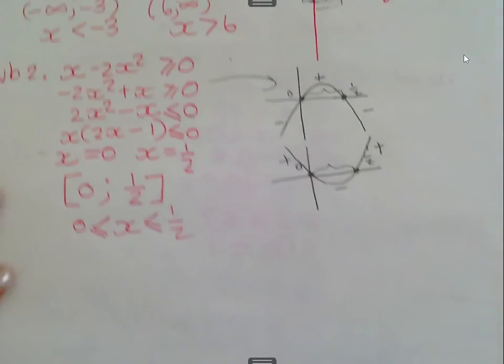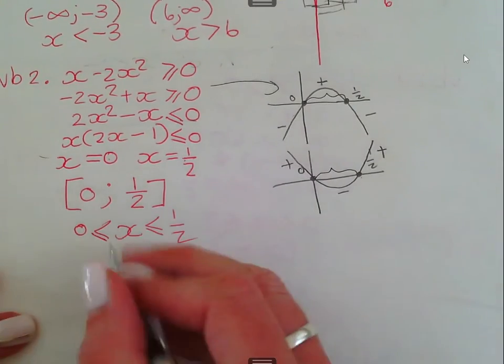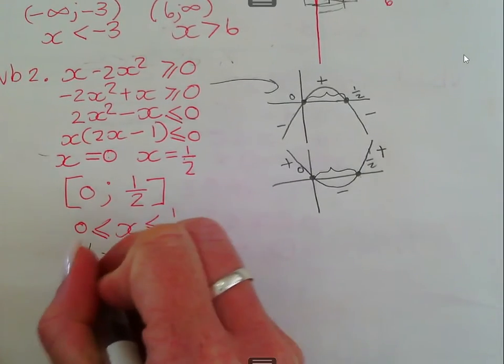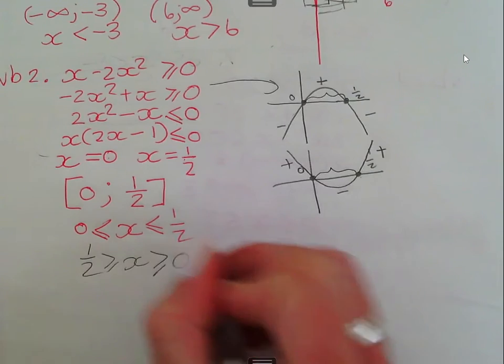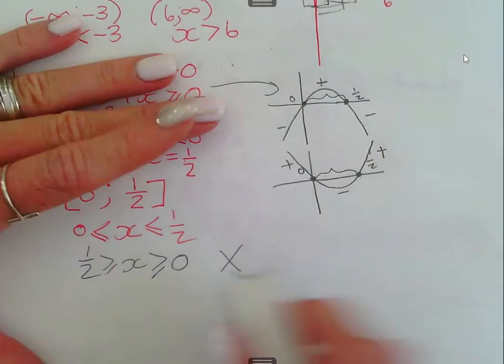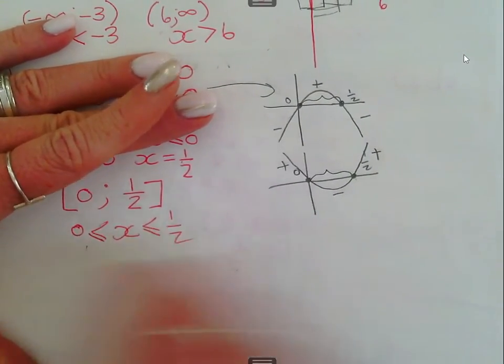I'm just saying, if you write it like this, x smaller than or equal to a half, greater than or equal to 0, you will get 0 for that answer, because that's like writing your name backwards. Do you agree with me? Okay, so it's always the smaller one first.